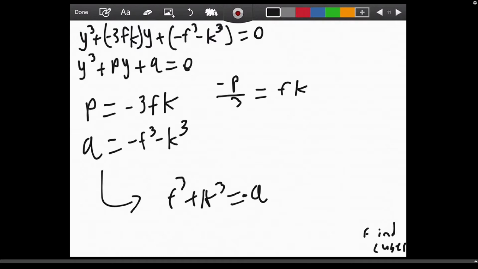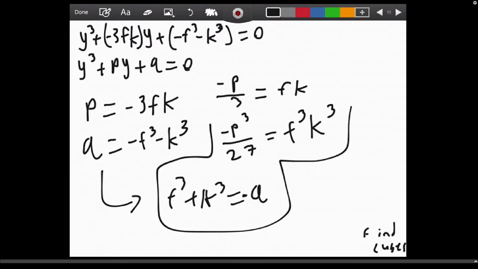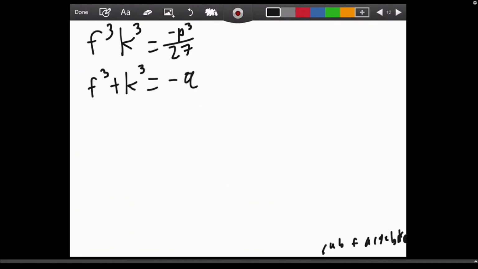Then we cube both sides, and it becomes negative p cubed over 27 is equal to f cubed times k cubed. So these are our two equations that we're left with. F cubed times k cubed equals negative p cubed over 27. F cubed plus k cubed equals negative q.